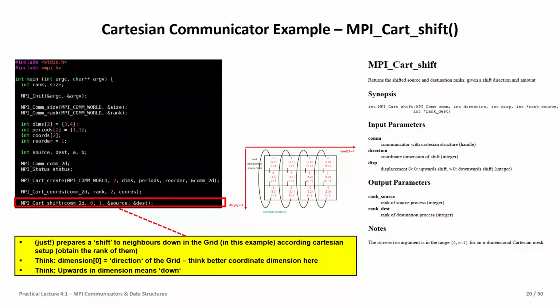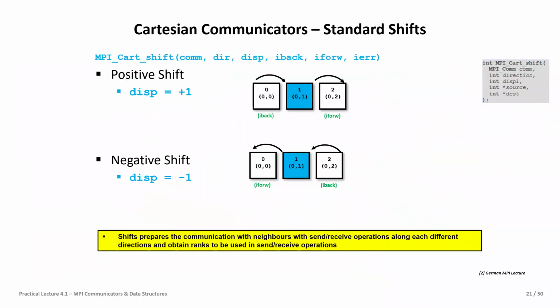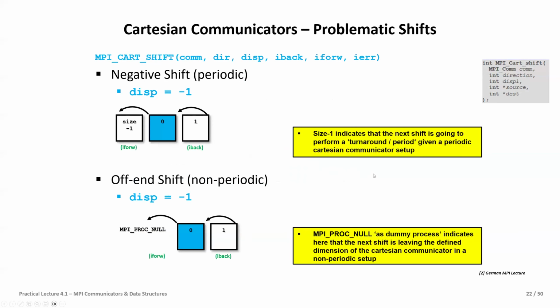The MPI Cart coords is the one that you get all the information from for source and destination. Then the shift that we discussed is very important. As I said, also important for the Cartesian shifts is that there are lots of different ways to work with it, and some things you have to think about. Firstly, you can go in different directions. But if you don't have periodic, then you could come to the end of the Cartesian grid.